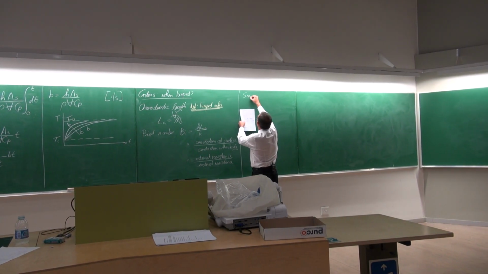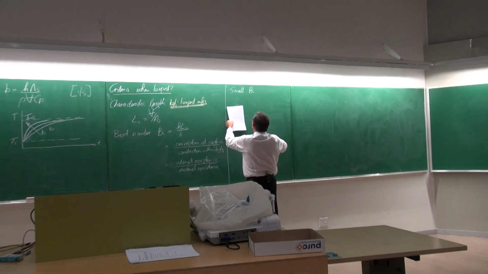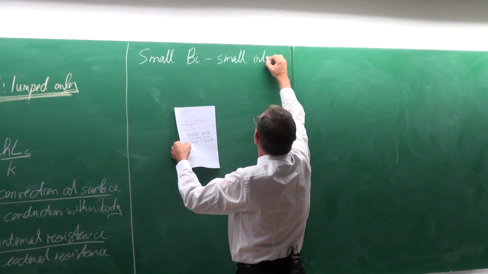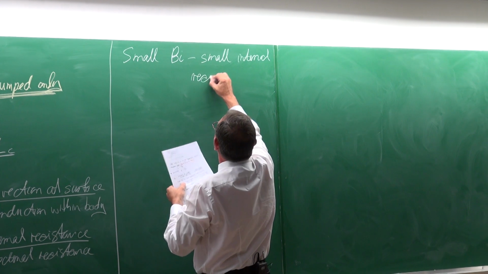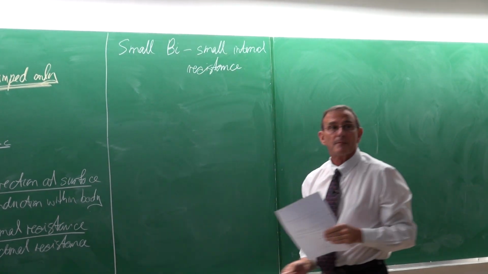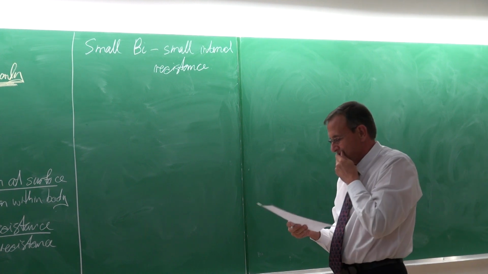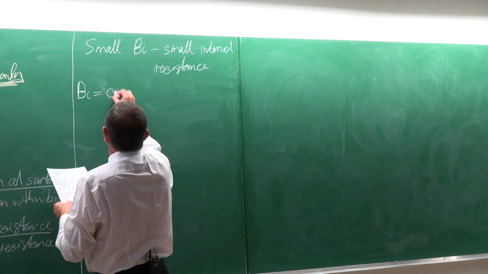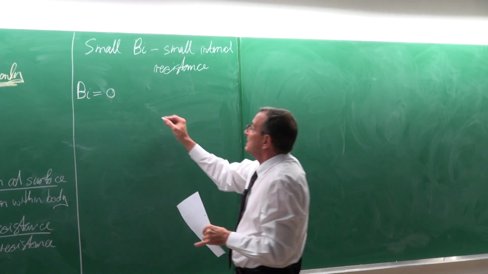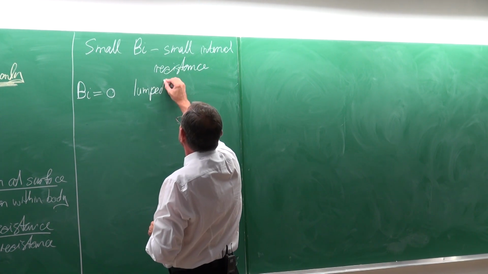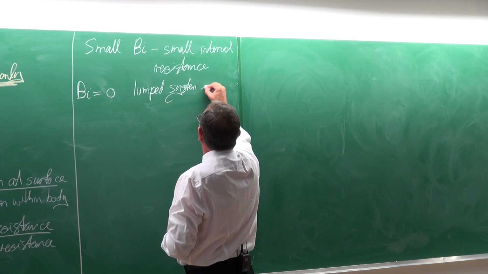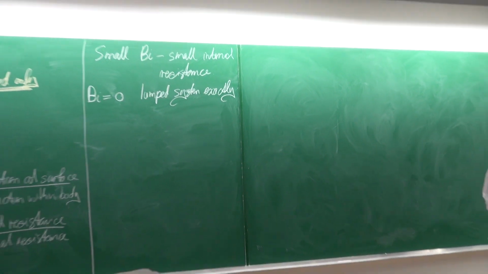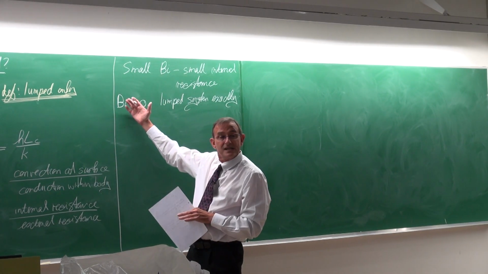So if we have a small Biot number, then we have a small internal resistance. If the Biot number is equal to 0, then it is actually the lump system exactly. The problem is we do not have any real bodies in which the Biot number is 0.